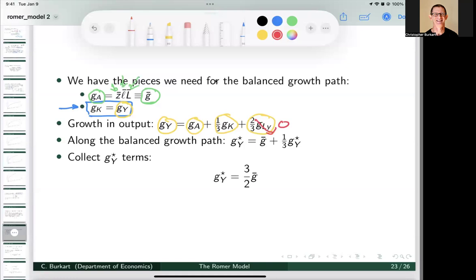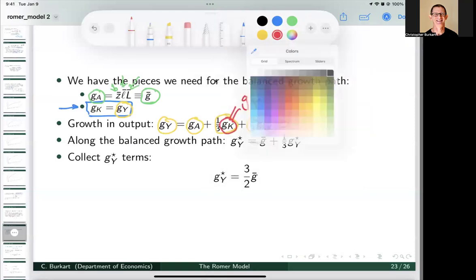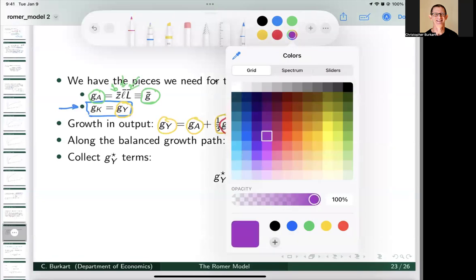We also know that this has to be equal to this, right? The growth in capital and the growth in output need to be the same. And so we've got a nice compact expression here where all I've done is, I'm running out of colors. So I always choose purple when I run out of colors.